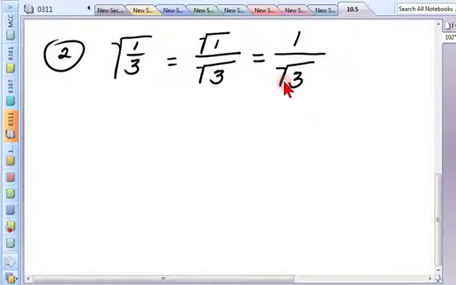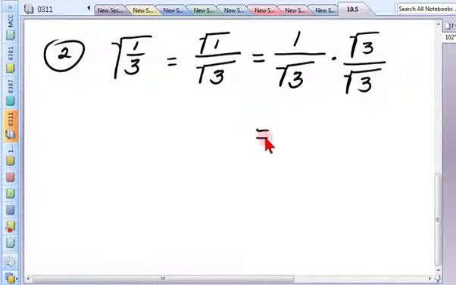You might do all this stuff in your head. Now, the denominator has got a radical in it. I need to rationalize it. What form of the number 1 will I multiply by? Right, square root of 3 over the square root of 3. The numerator, 1 times the square root of 3 is the square root of 3.